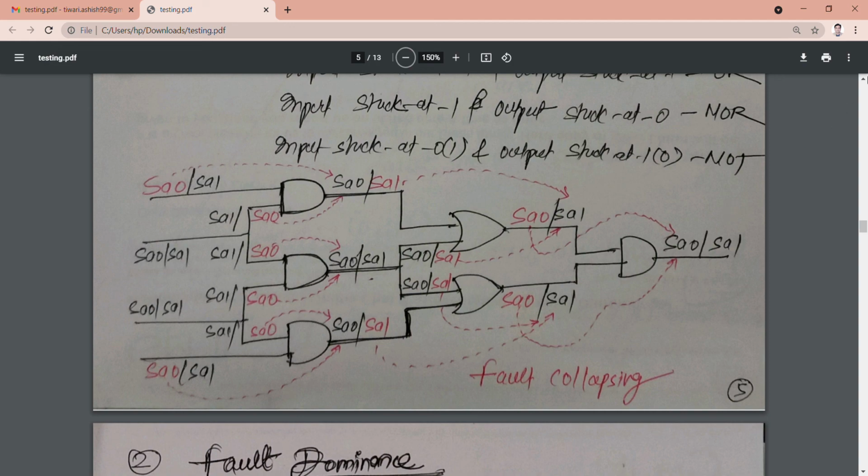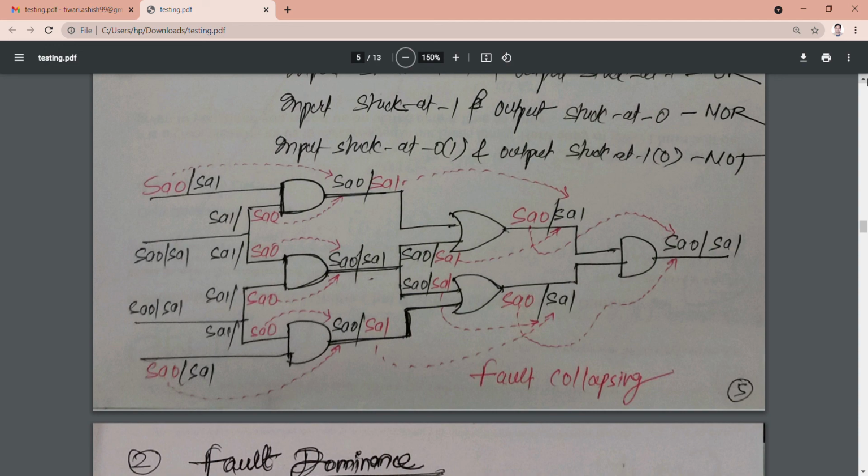The basic fundamental, I would say, if you have studied digital electronics, then you might have studied the basic characteristic of the AND gate and OR gate. AND gate is sensitive to zero. If any input of the AND gate is 0, then the output will always be 0. And the OR gate is sensitive to 1. If any input of the OR is 1, then your output will always be 1.